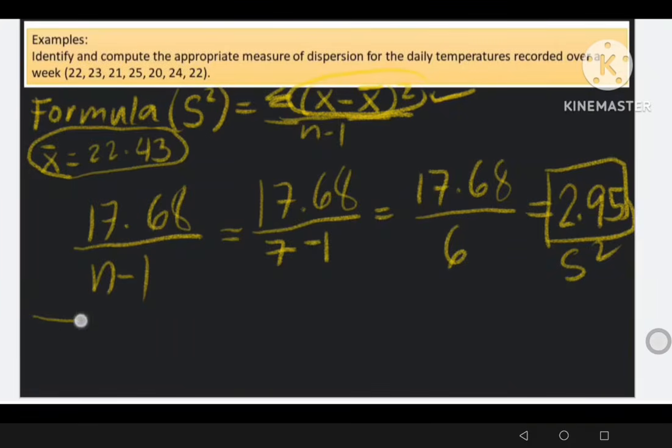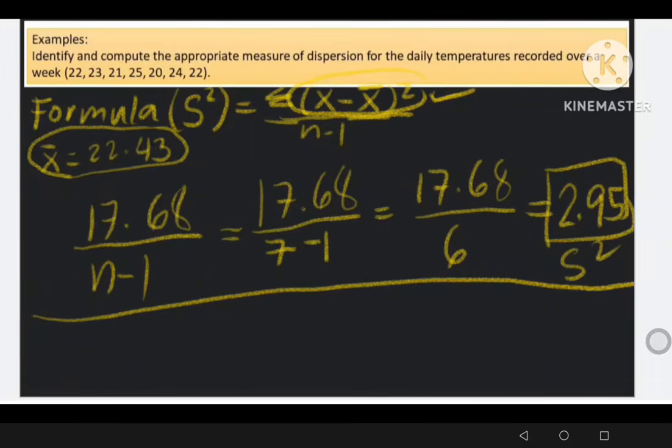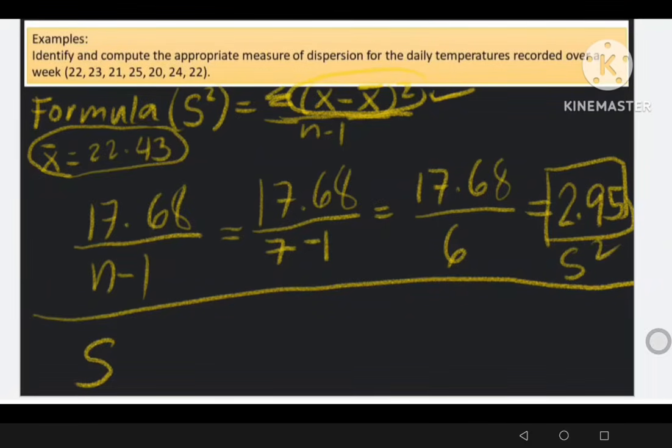Again, the result of our variance is 2.95. In finding the standard deviation, we follow the process from the previous concept notes. To get the standard deviation, we just take the square root of the variance. S serves as the symbol of the standard deviation.